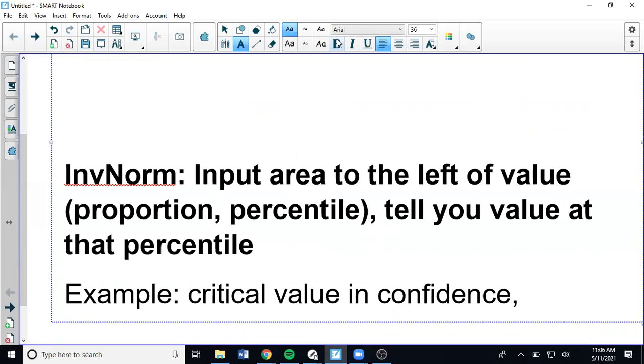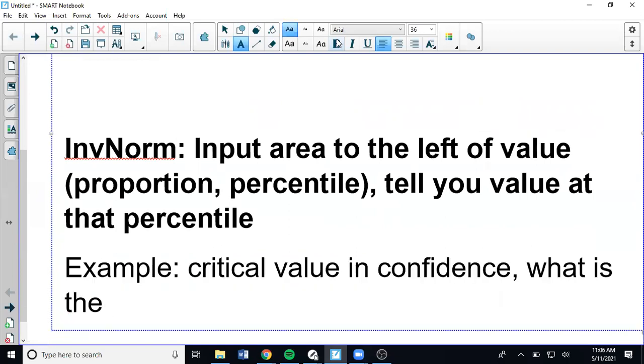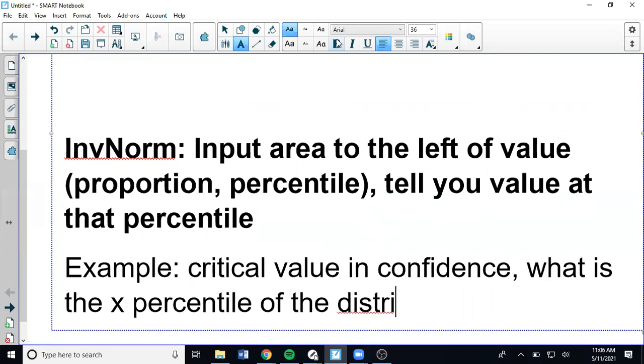Another example of a place where inverse norm is useful is, what is the x percentile of the distribution? You put that in as your area, and then you get out the z-score, and then you can solve for the value using the z-score formula.